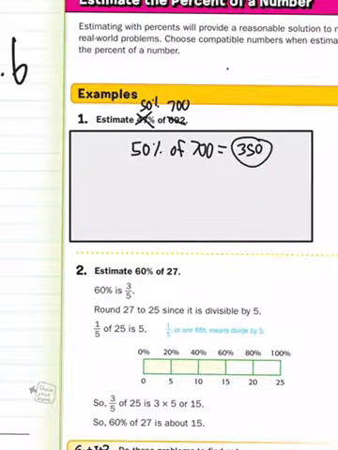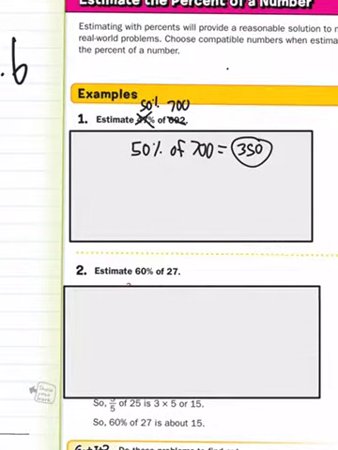Now for example 2, I'm actually going to do it a little differently than the book did, but you can always look at how the book did if you want to. So I'm going to cover this up and show you what I would do. The key thing is knowing that to find 10% of a number, you divide by 10. So for example 2, 60% of 27, I'm going to round 27 to 30. Here's why.